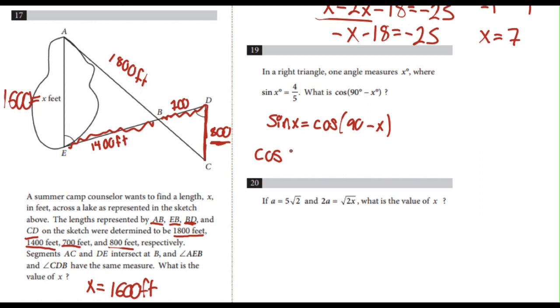And reversely, we can say that cosine x equals sine of 90 minus x. So this is something really important to remember when you're taking the SAT. This is a principle that comes up a lot in the trig portions of this test. So since sine of x is the same thing as cosine of 90 degrees minus x, we can just say that they're both 4/5, which is going to be the answer.